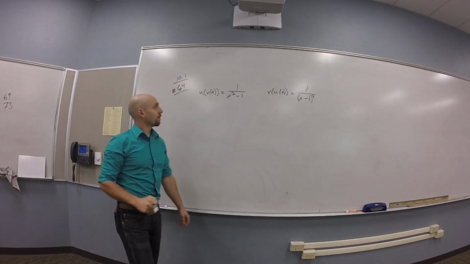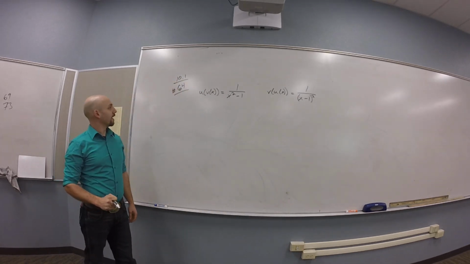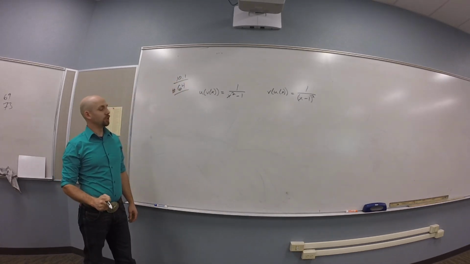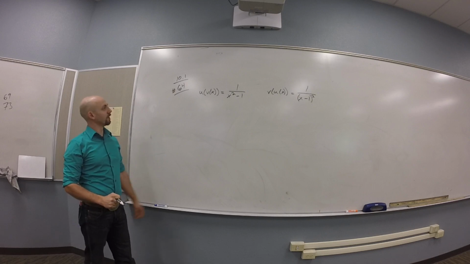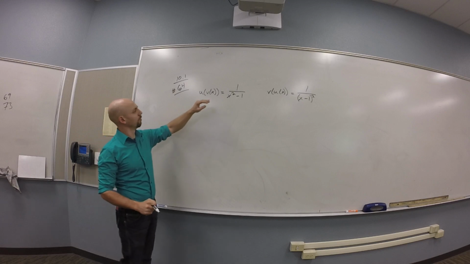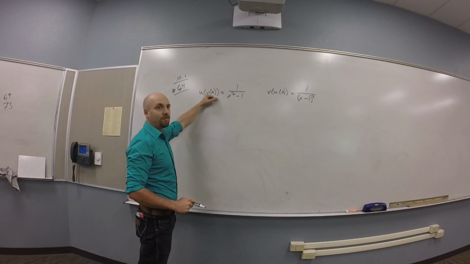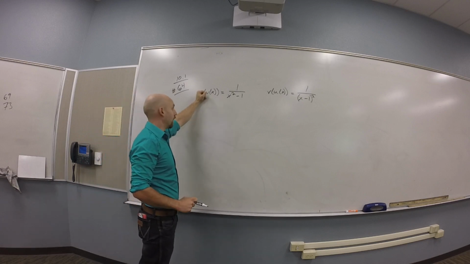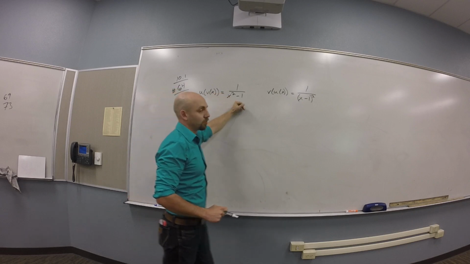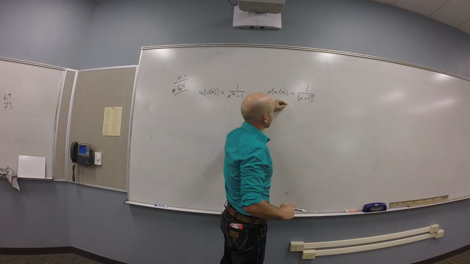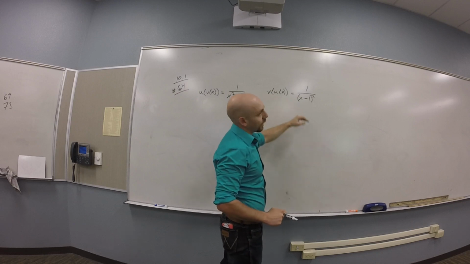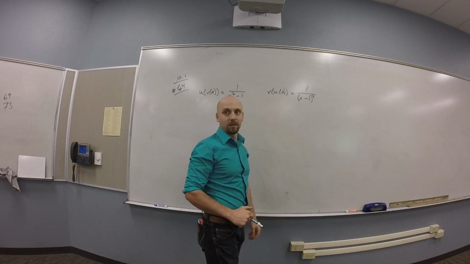All right, so I have in number 64 two compositions that they've told me about. They've told me that if I do v first and then u, I get 1 over x squared minus 1. And if I do u first and then v, I get 1 over x minus 1 all squared. Right?